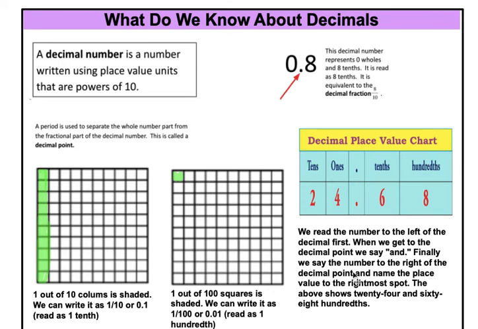And finally, we say the number to the right of the decimal point. So we'd say 68. And name the place value to the rightmost spot. So the rightmost spot is the hundredths. So we read it as 68 hundredths. So the entire number, we would read it as 24 and 68 hundredths.